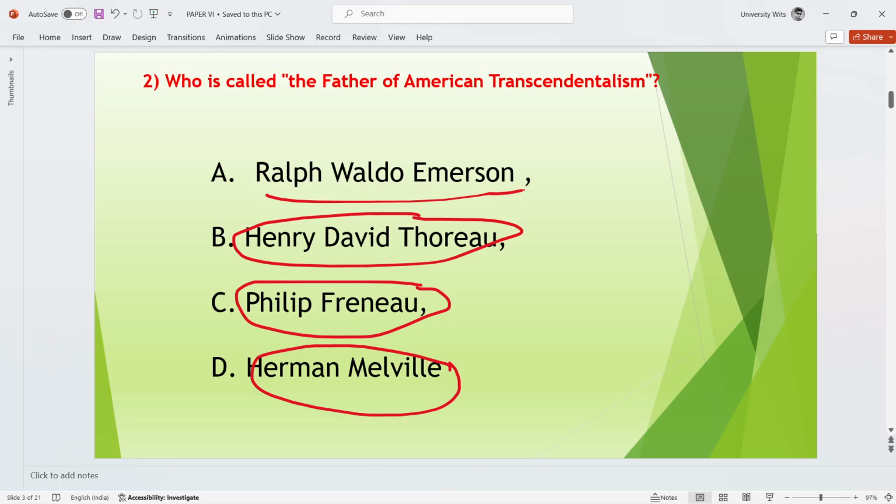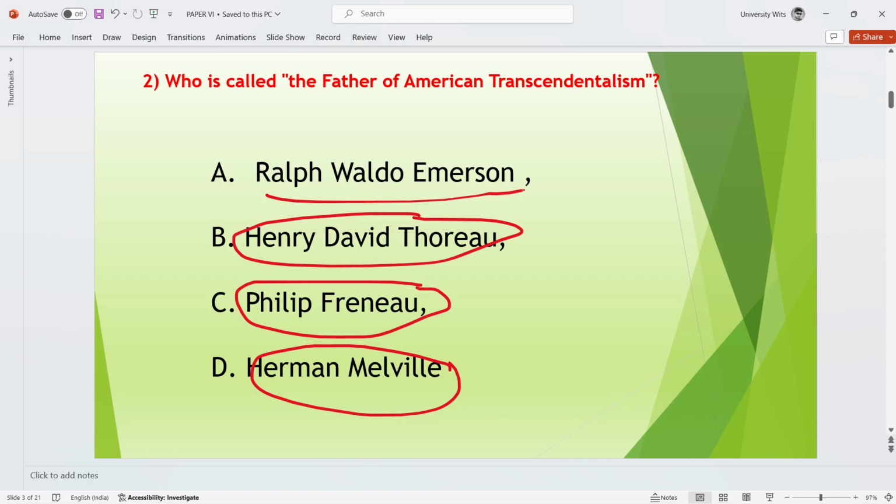He was a transcendentalist, and he was a leading figure in the transcendentalist movement, which emphasized the inherent goodness of people and nature, as well as the importance of individual intuitions and experiences.